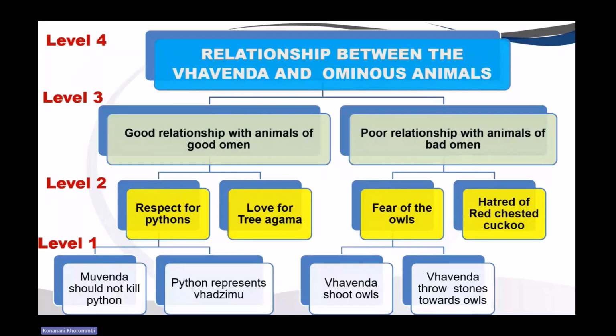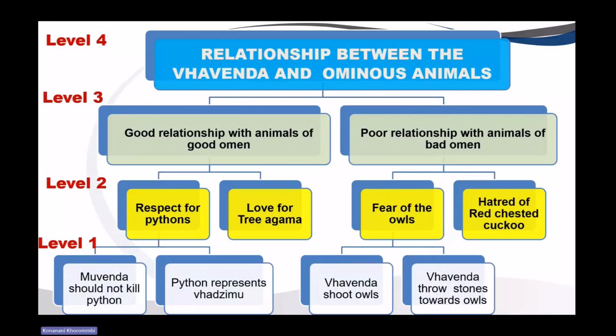And you still remember the reason it represents Wazimu is that it was there in Venda from time immemorial, and when the Venda inhabited the Vhembe district municipality, they found those snakes there. So they worshipped them. That is the reason. Now, the outcome of that is that Muvenda should not kill a Python, because he respects it. Because it is his Wazimu goddess. You cannot fight your god or your goddess.